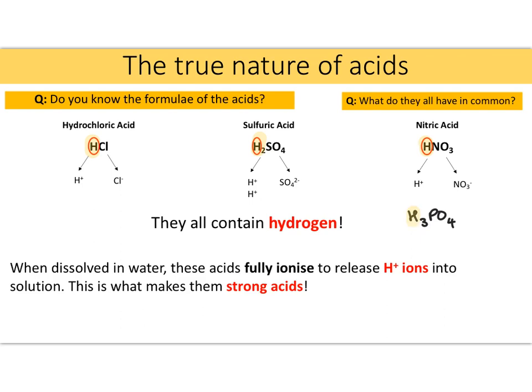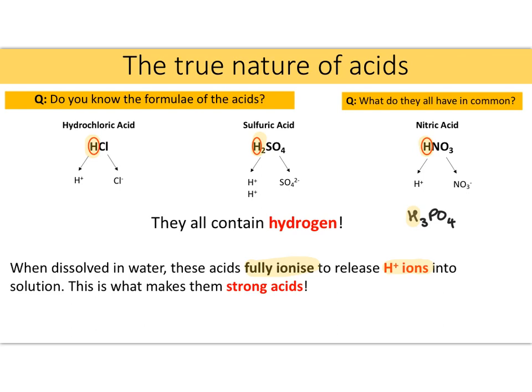It's not the hydrogen per se that makes something an acid. It's that when these substances dissolve in water, it says here that they fully ionize, and I'll just explain what that means in a second, but they fully ionize and release H plus ions, and it's the H plus ions that are making something an acid.